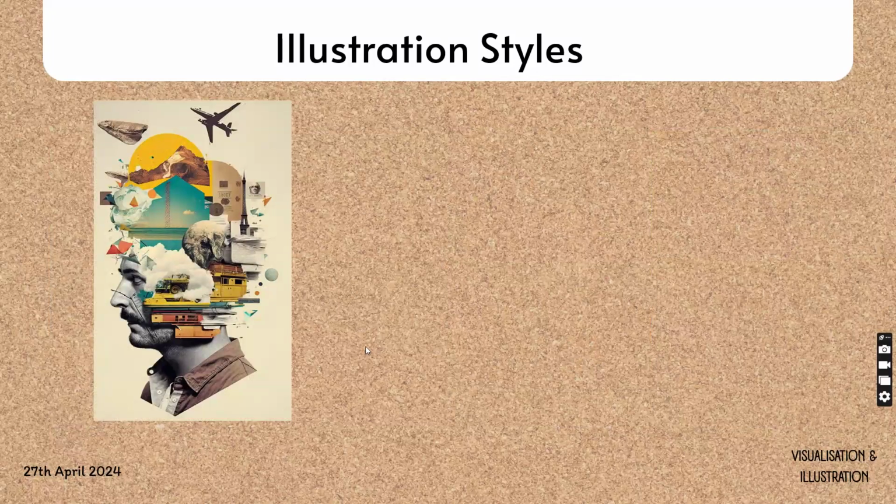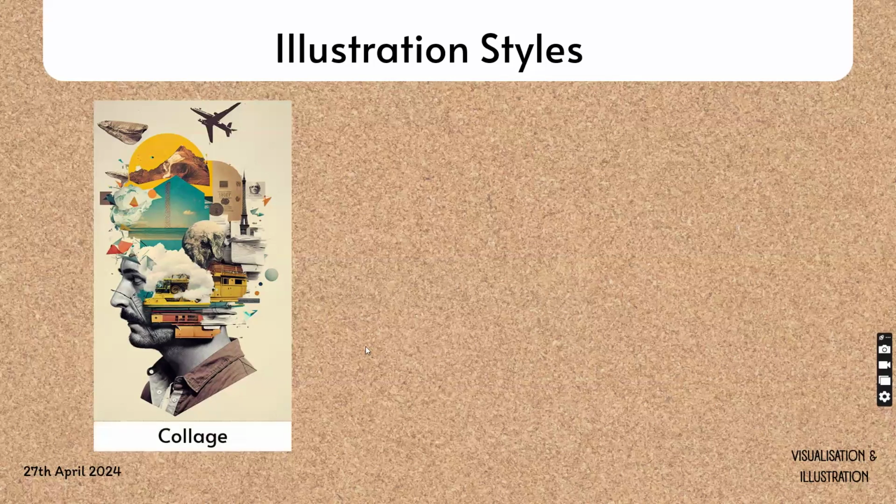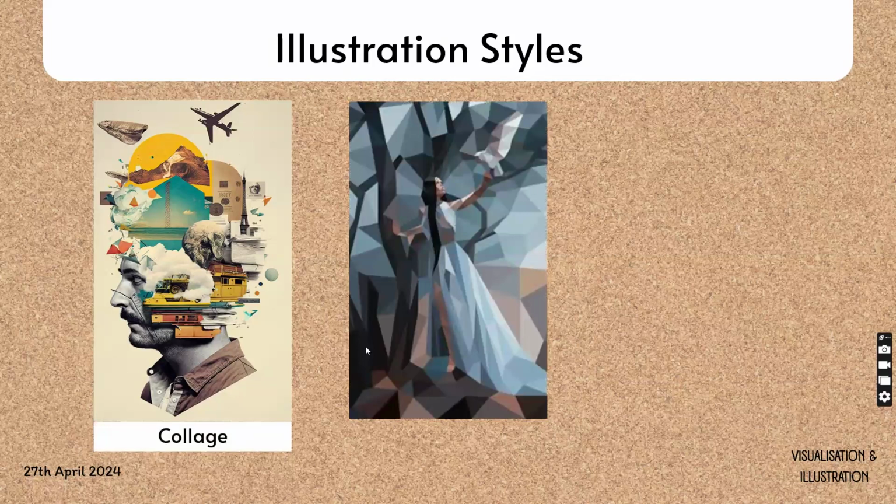This is a modern way of illustrating where mixed media is used. Photos are collaged with each other. This is a collage type of illustration. Here only geometric polygons are used, so this is the poly art illustration style.